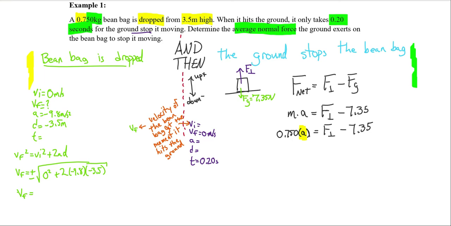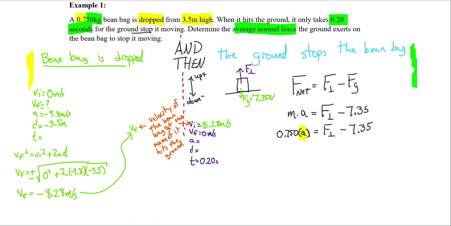So Vf is equal to 8.28 meters per second. And hopefully you also identify that it should be going negative since this beanbag is going downward. So this can become the initial velocity here, 8.28 meters per second in the negative direction.